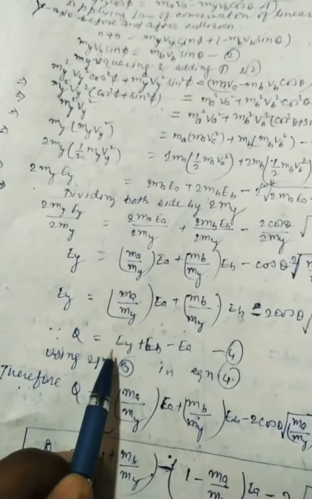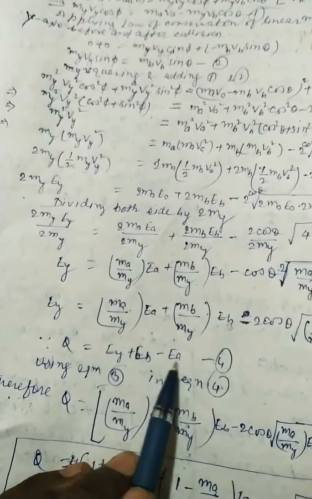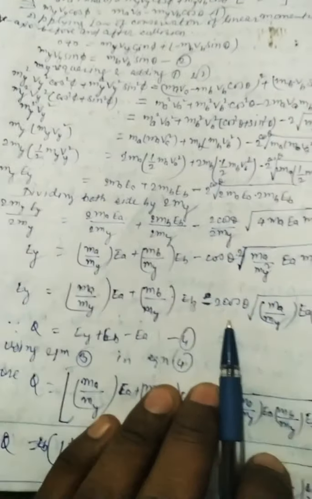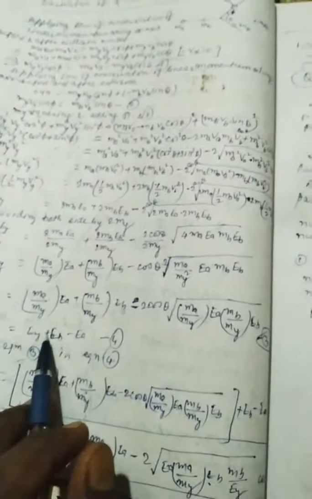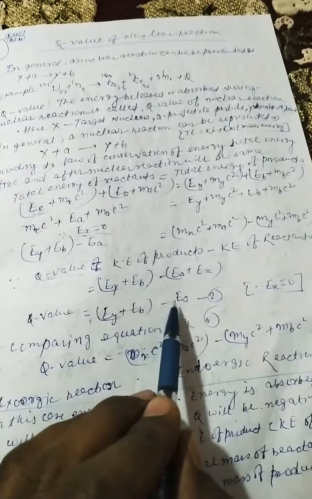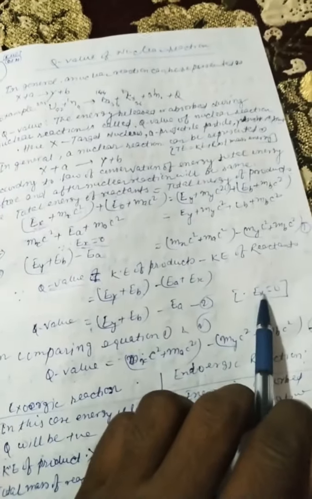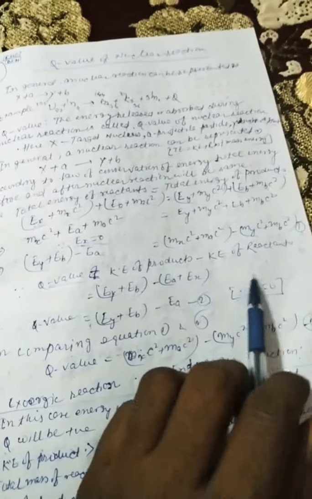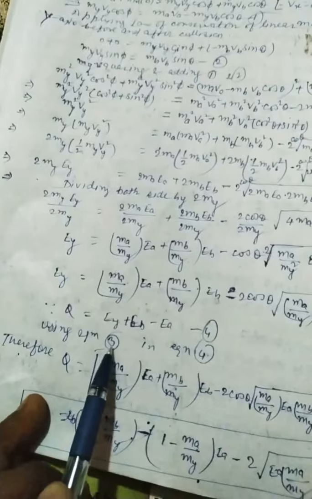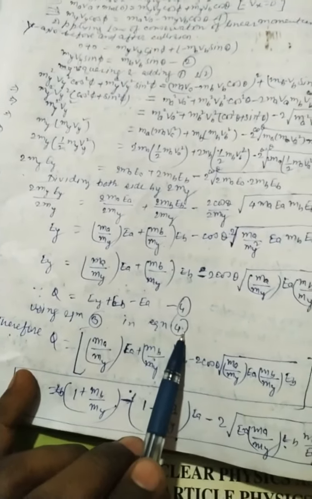Since Q equals EY plus EB minus EA, as we know from equation 2, plus the term for the target, but the value of that term will be 0. This is equation 4.